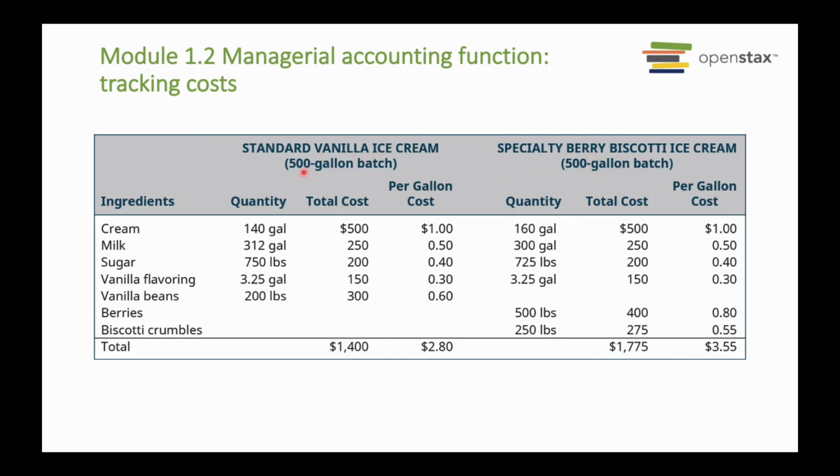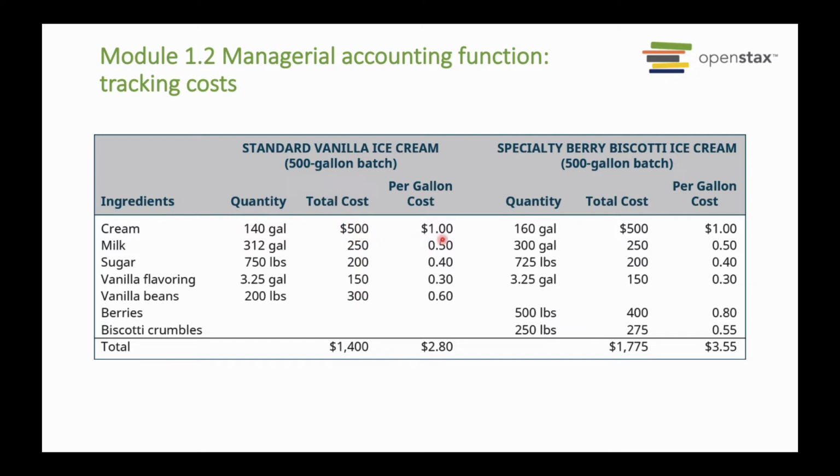In order to produce 500 gallons, the ingredients that were used are listed here, and the quantity of each ingredient that was used is listed under the quantity column, and then the total cost for those ingredients is under the total cost column. The cost per gallon is the total cost of the ingredient divided by 500 in each case.